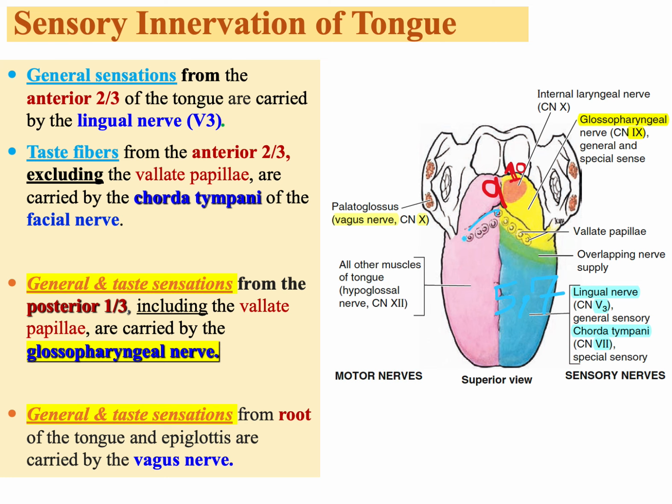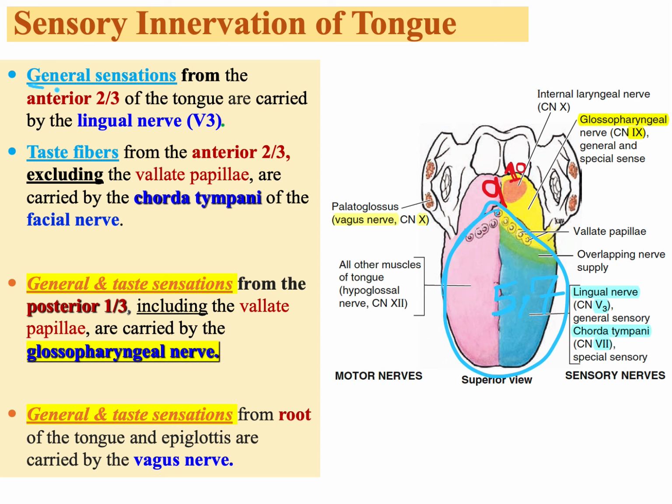Okay, so the general sensation from the anterior 2/3 of the tongue is carried, guys, by the lingual nerve, which is a branch of the mandibular nerve, which is a branch of cranial nerve number 5, the trigeminal nerve.